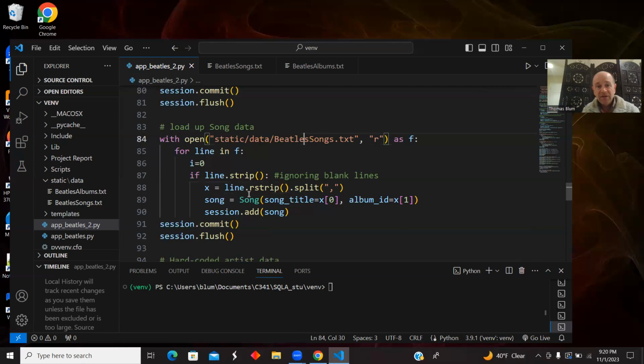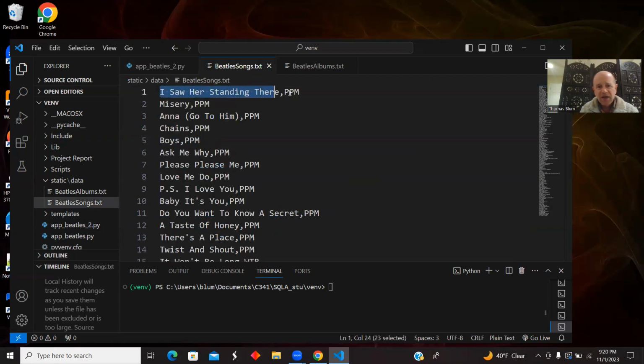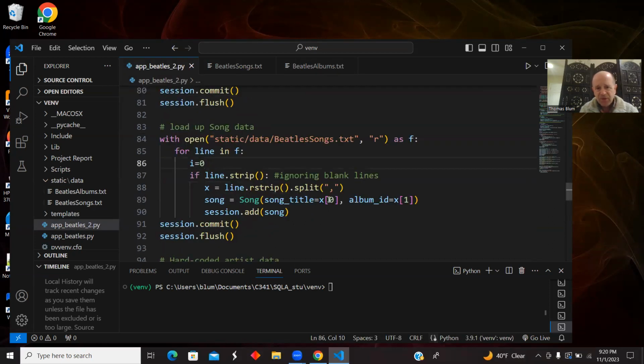Read the song file, loop through, no headers, parse on a delimiter of a comma. It has, there were two pieces, a title and a foreign key relating back to albums.